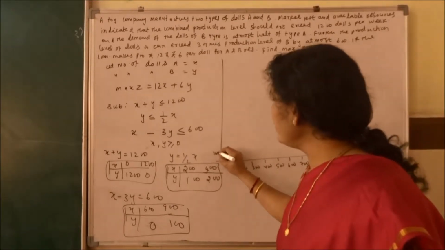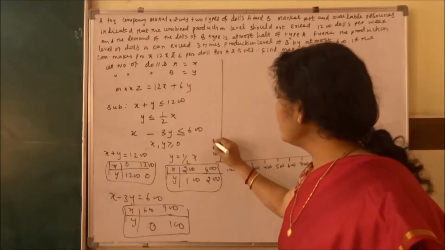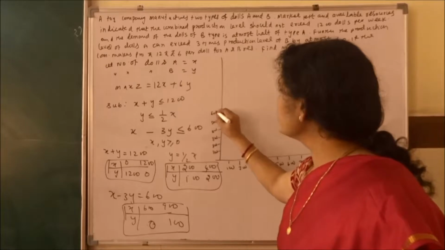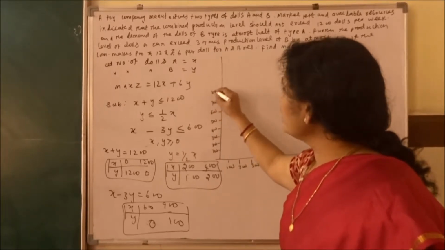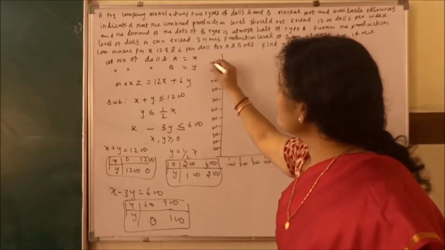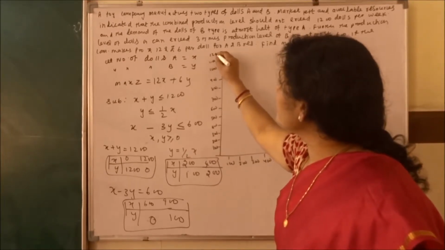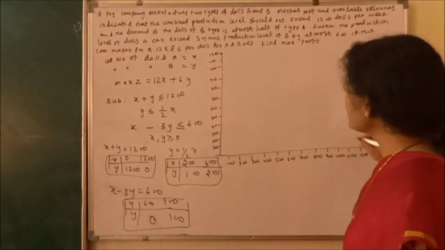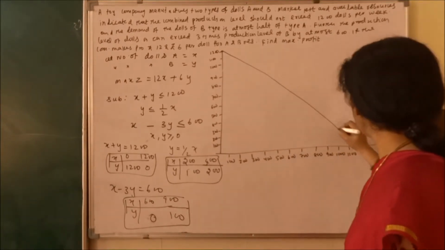Similarly on the other axis: 100, 200, 300, up to 1200. Clear? Now the first one, 1200, so I am taking this and this. So that is 1200. Clear?